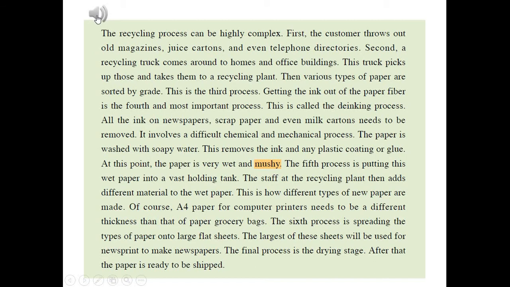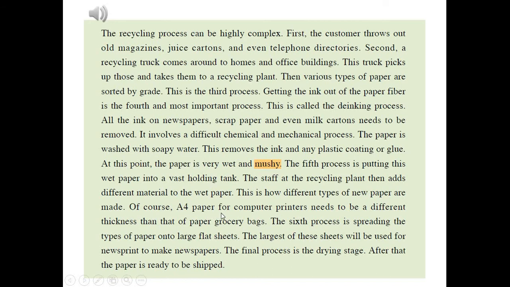The paper is washed with soapy water. This removes the ink and any plastic coating or glue. At this point, the paper is very wet and mushy. The fifth process is putting this wet paper into a vast holding tank. The staff at the recycling plant then adds different material to the wet paper. This is how different types of new paper are made.